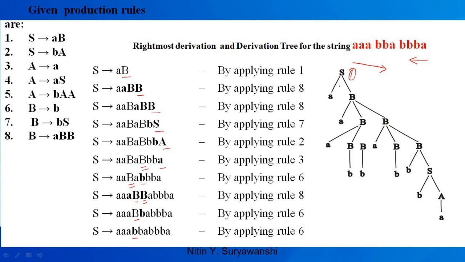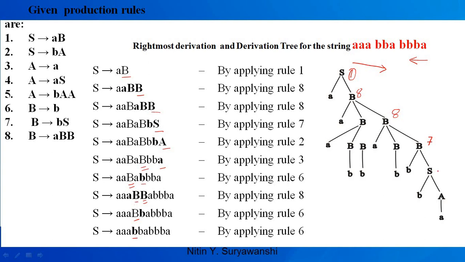rightmost derivation tree. So the first rule I applied, then I get this one, then here I apply rule number 8. Then for this one, the rightmost is there. For this one we applied rule number 8 again, then 8 creates this three-symbol string, and again the rightmost is this one, so we have applied 7.